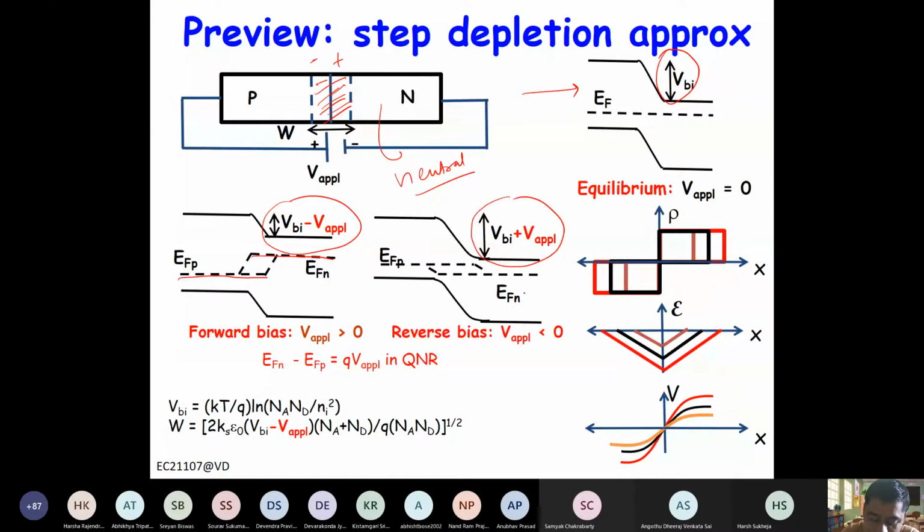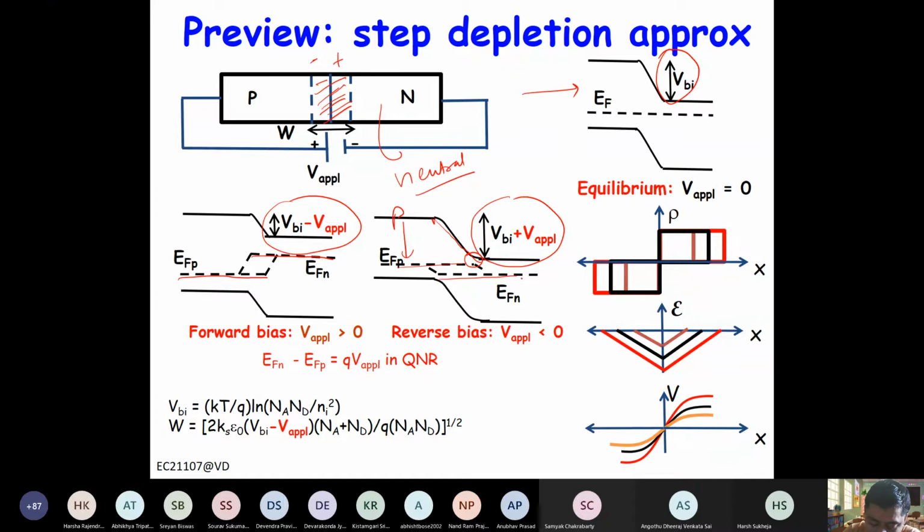In case of reverse bias, the depletion width is extended. So your Fermi level is extending here, and the electrons and holes have separate Fermi levels. Now notice one more thing here. This is the p-type Fermi level, so its full p concentration is there. But if you go through this depletion region, your hole concentration decreases, right?